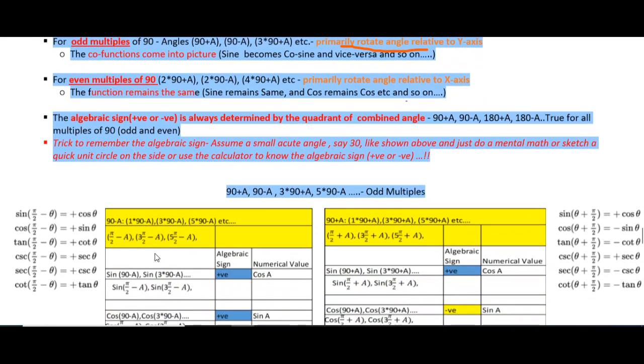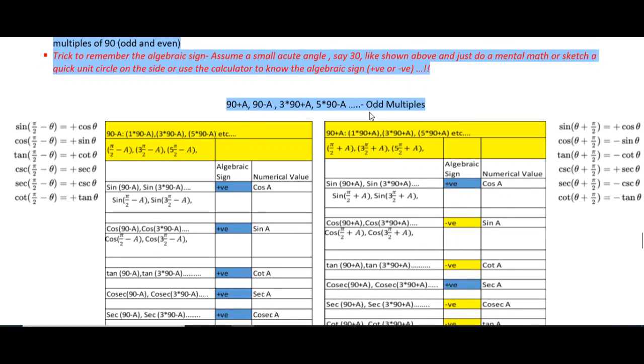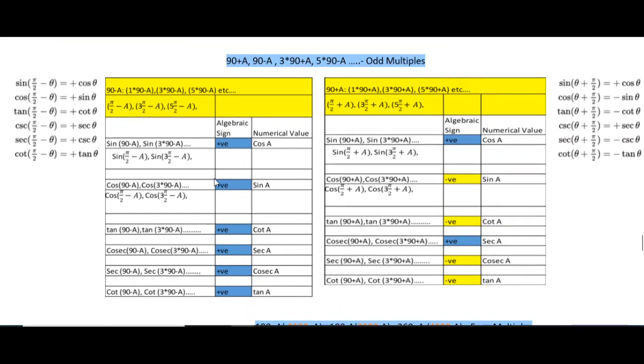To put it in perspective, for example, I've taken all the odd multiples, whether it's 90 plus a or 90 minus a. What we are trying to say is whenever it's an odd multiple, which is rotation along the y-axis, cofunctions will come into play. Sine will become cosine, cosine will become sine, and so on.